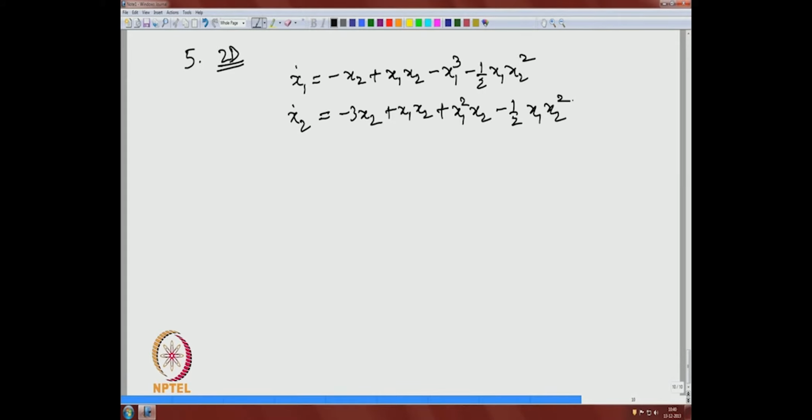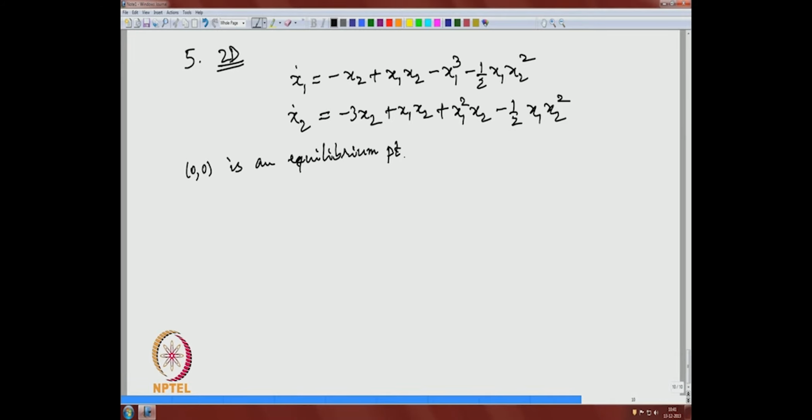Okay. So, (0, 0) is certainly an equilibrium point, and I leave it to you to check whether this system has any other equilibrium point, and study if there are any, and what is their stability, whether they are stable or unstable, etc. You can check that.